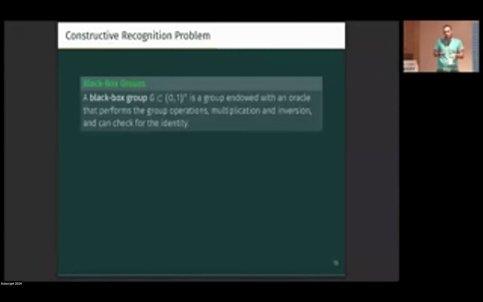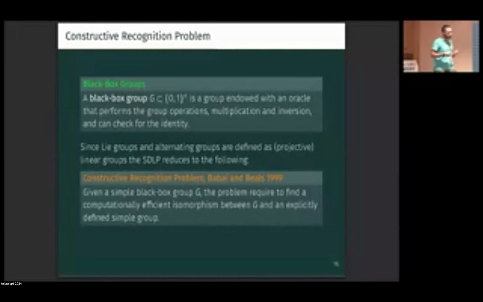We found it in the computational group theory literature, and inside it there is a branch that focuses on a particular problem called the constructive recognition problem. That is essentially the problem of starting from finite simple groups represented as a black box group, and trying to compute efficiently an explicit isomorphism to a standard representation.